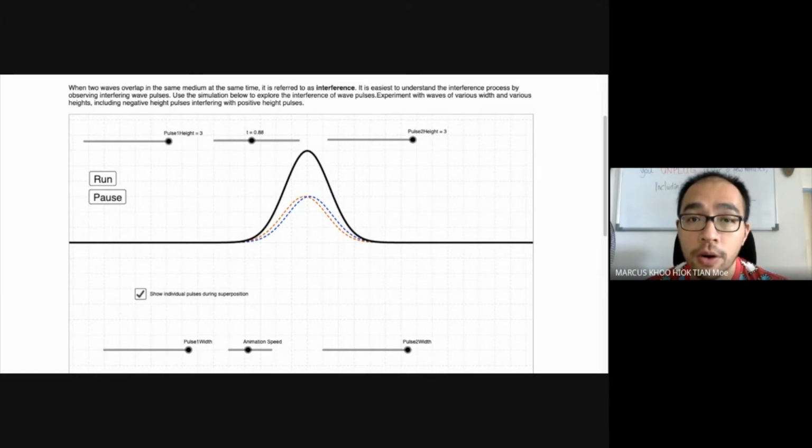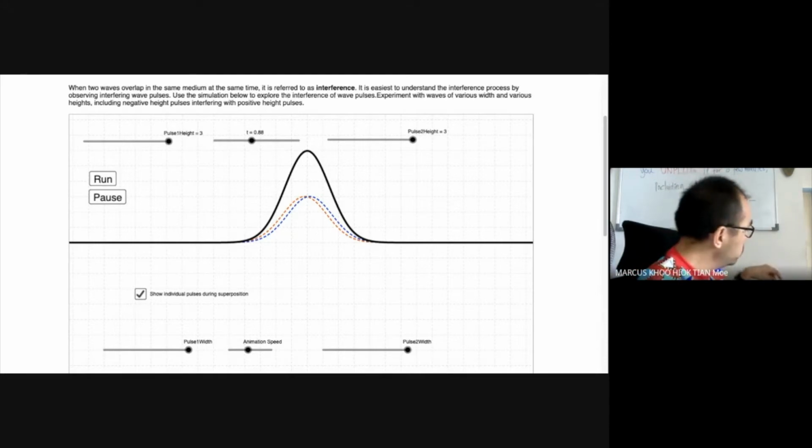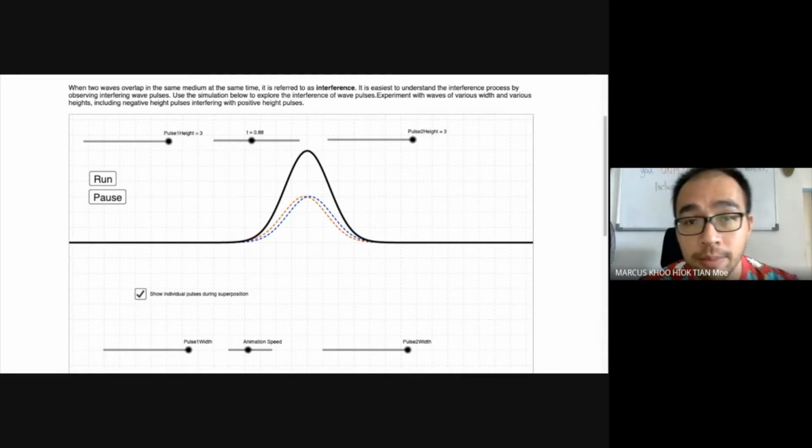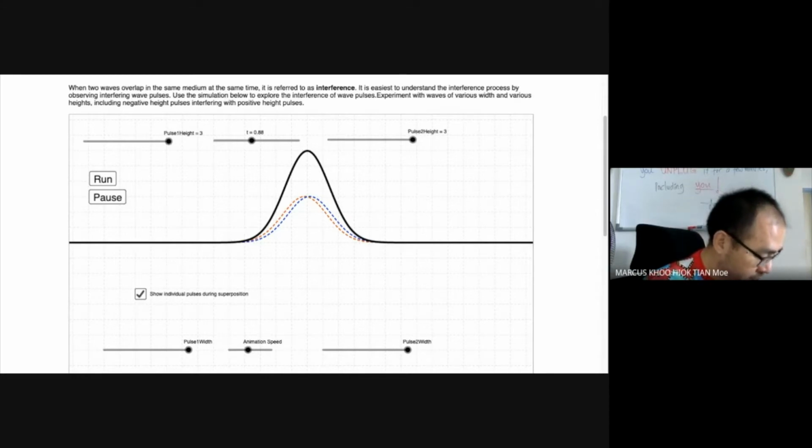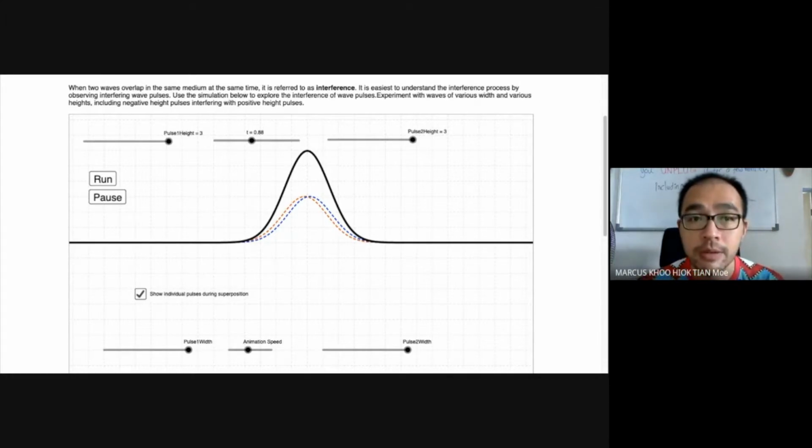Number 4. Combining two overlapping waves can be explained by the principle of superposition. So obviously the question is, what is the principle of superposition? Anybody?